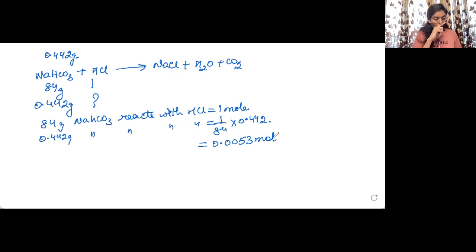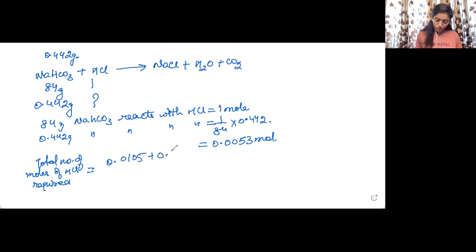So we have 0.0053 mole, and the previous number of moles I had written. The total number of moles of HCl required is equal to 0.0105 plus 0.0053.